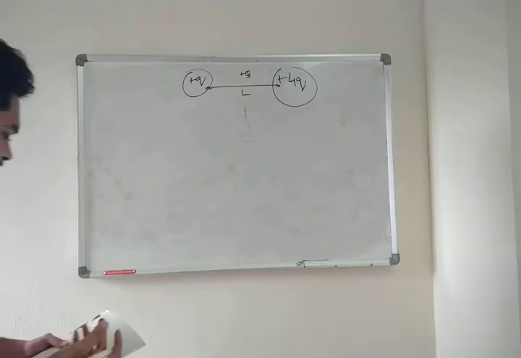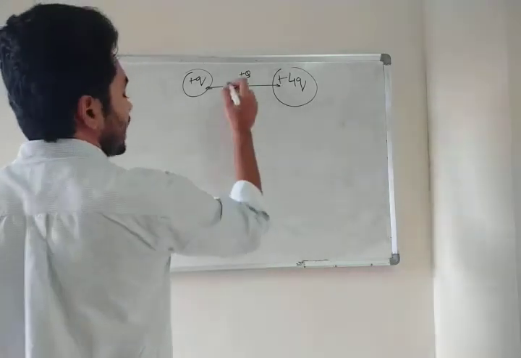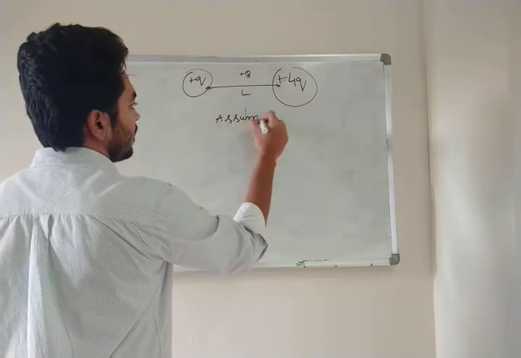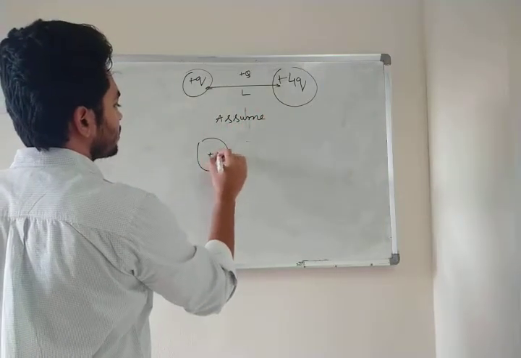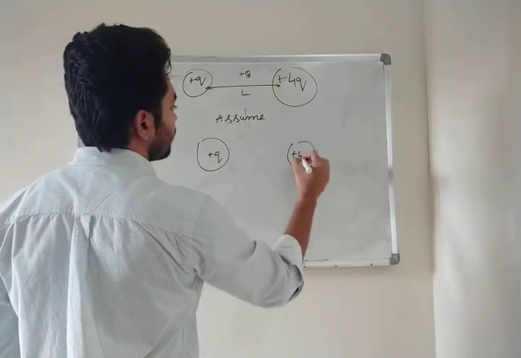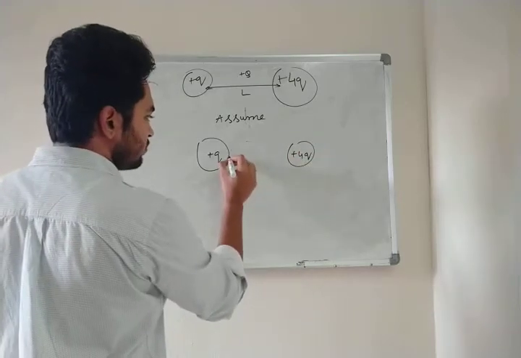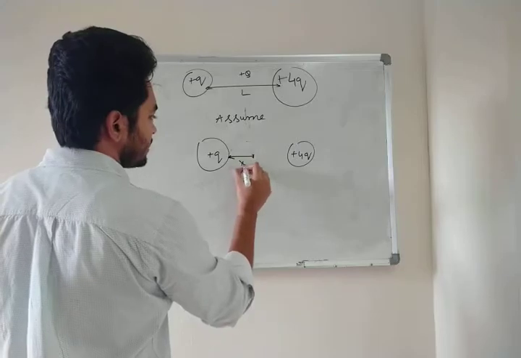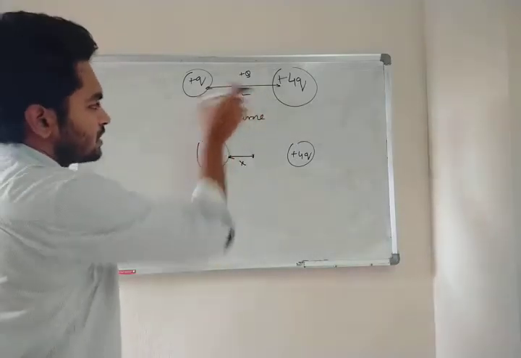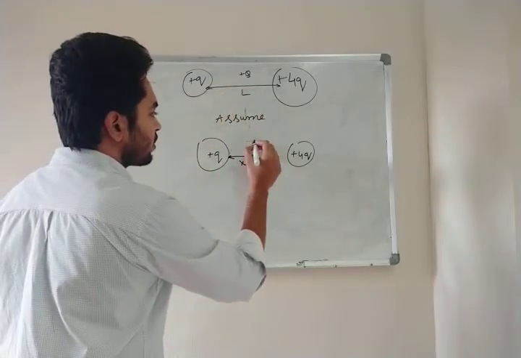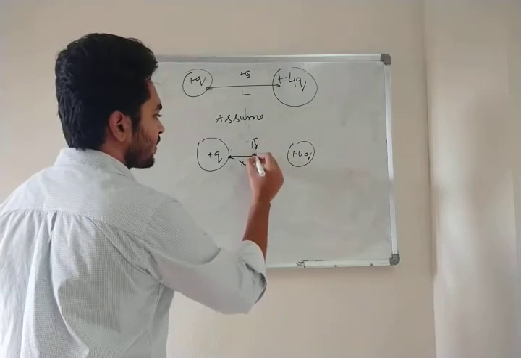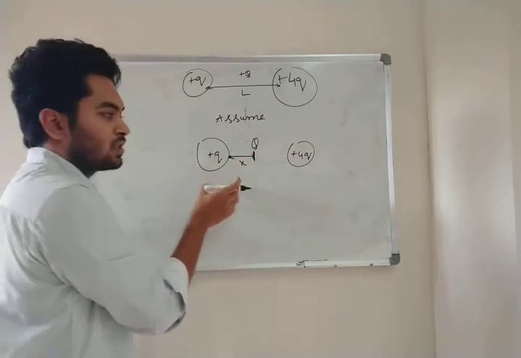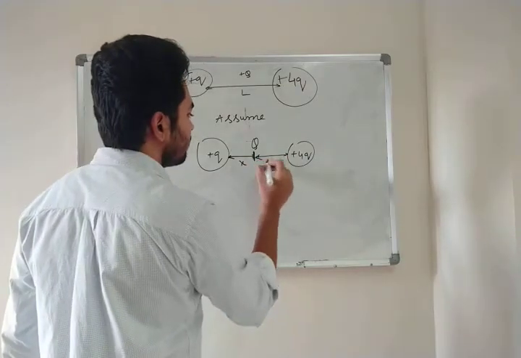Okay. Now let us assume plus Q, plus 4Q. Let us assume that it is here. So this is X distance. Our total distance is L, and our Q is placed here at X distance from plus Q, and the remaining distance will be how much?